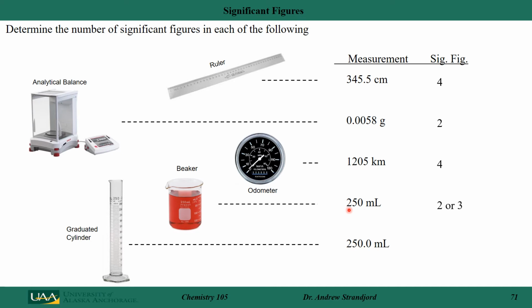So I either have 2 or 3. I'm not sure which of these 2 digits here is my uncertainty. If I use a different device to measure volume that has a smaller scale, I can report 250.0 milliliters. In this case, that 0 out here is my uncertainty. So in this case, all of these digits are going to be significant. So I'm going to have 4 significant figures.